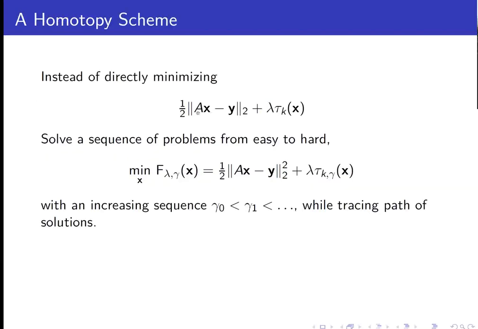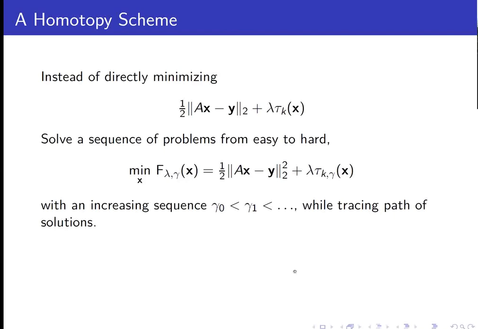So instead of solving the Trim Lasso objective, we propose to solve a sequence of problems with tau k of x, the Trim Lasso, replaced by this generalized soft min penalty. We're going to start from easy problems where gamma is small and slowly increase, and we're going to trace the path of solutions.